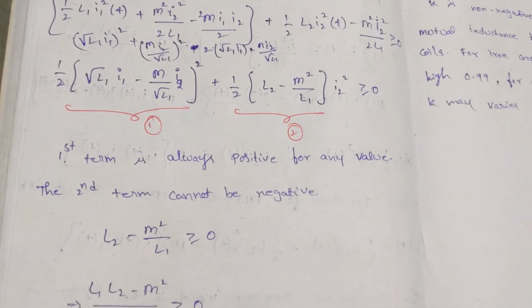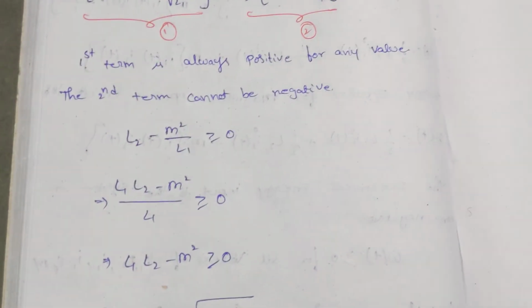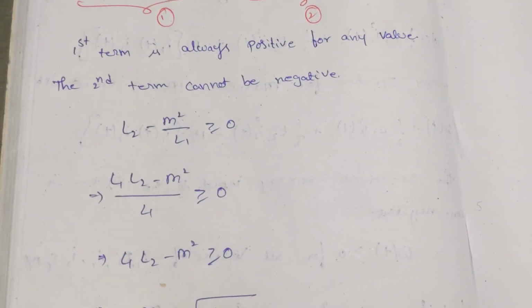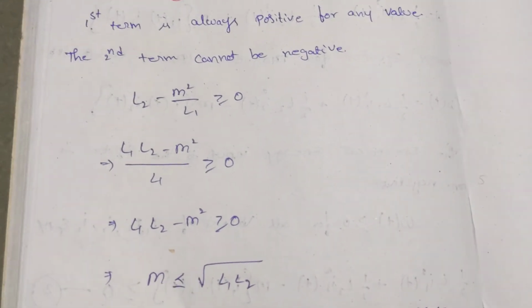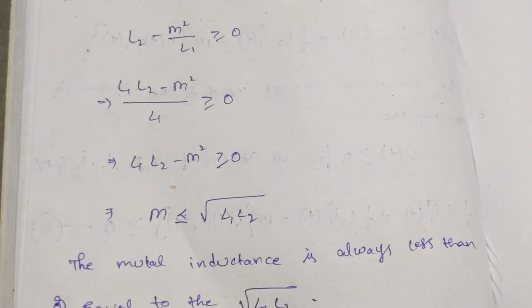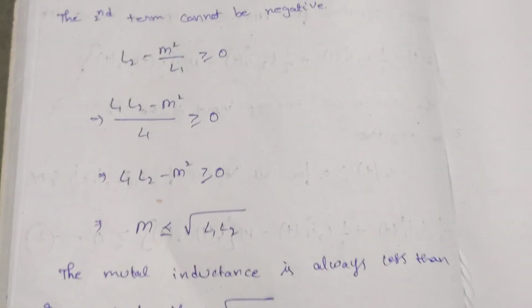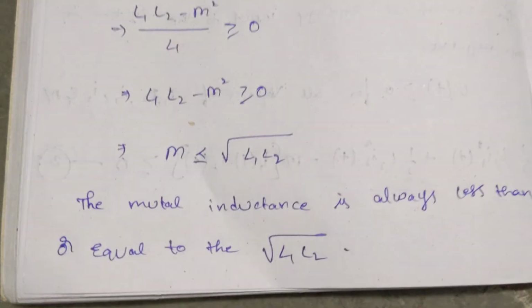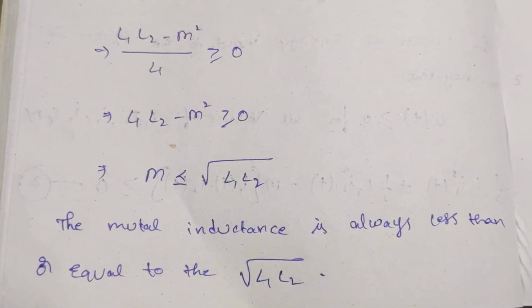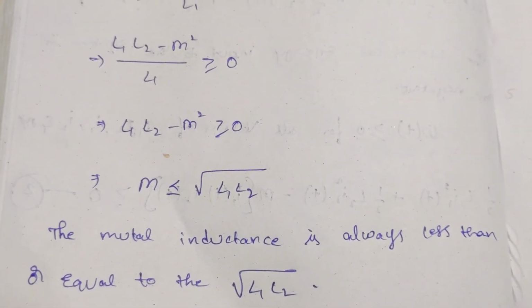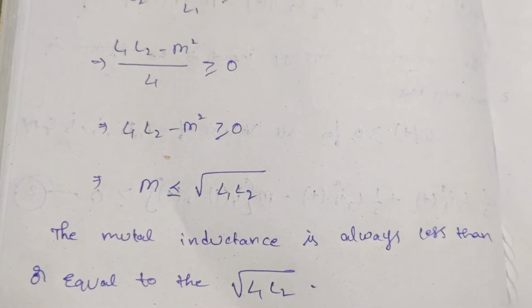It should always be positive. That means L2 minus M square divided by L1 should be greater than 0. Rearranging, the M value is always less than or equal to the square root of L1 L2.